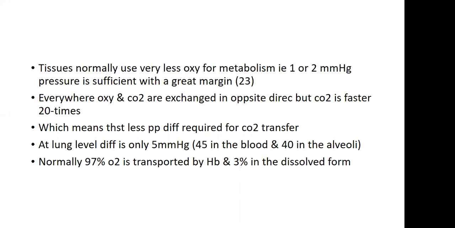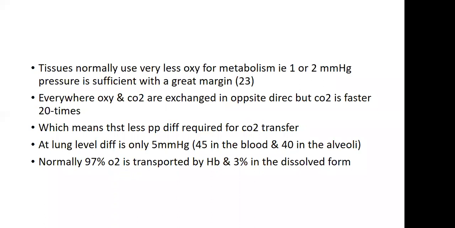Normally 97% oxygen is transported by hemoglobin and 3% is in the dissolved form. 97% is transported by hemoglobin, while the remaining 3% is in the dissolved form.